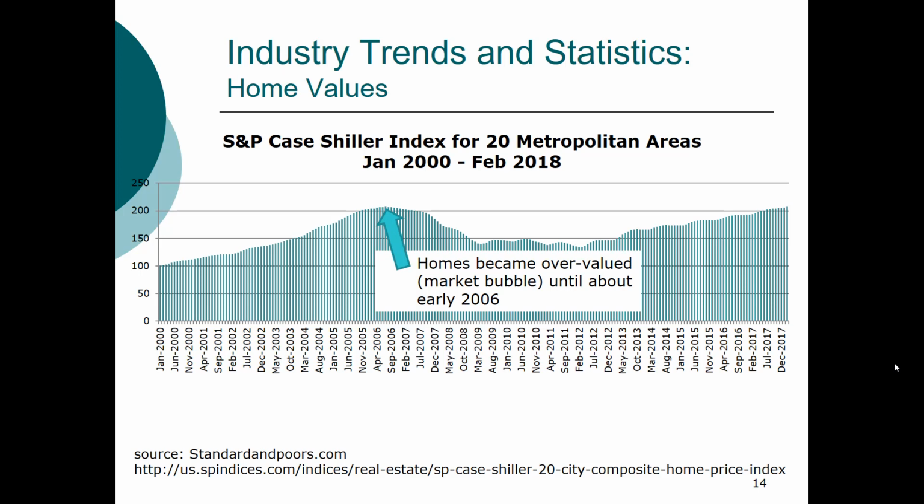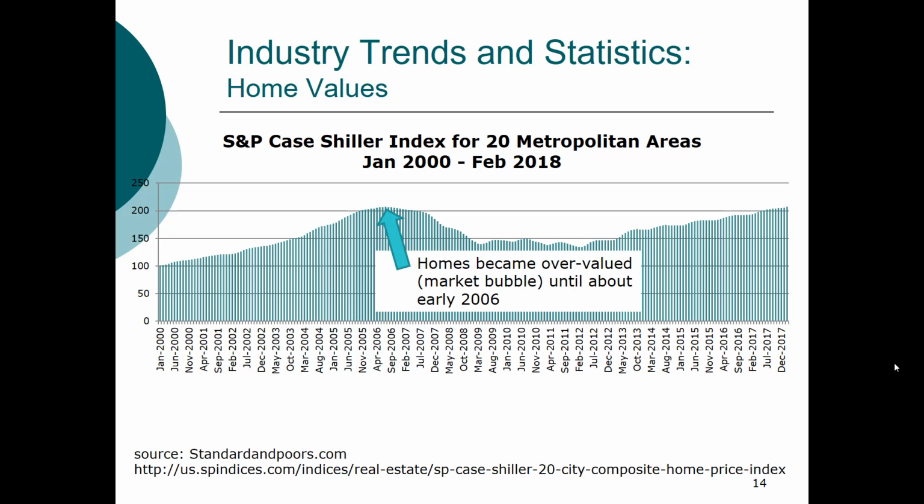I want to turn your attention now to some statistics directly related to the real estate market downturn during the 2007 US mortgage crisis, or the burst of what many called the real estate bubble. This graph shows the values of the S&P Case-Shiller Index between 2000 and 2018.